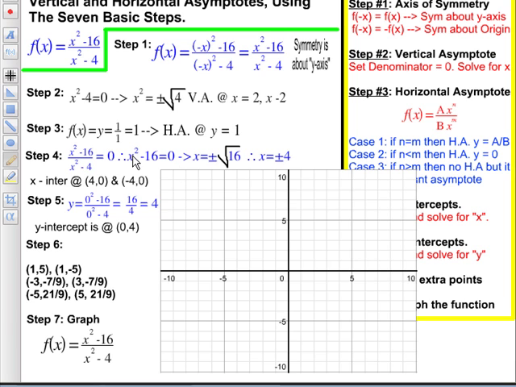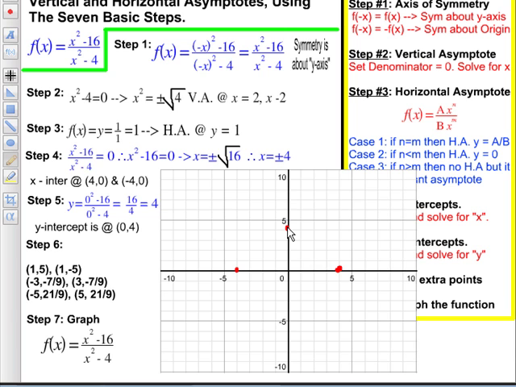Our x-intercepts were at -4, 0, and at 4, 0, so I'm going to plot those there. And our y-intercept was at 0, 4, so I'll plot that over here.